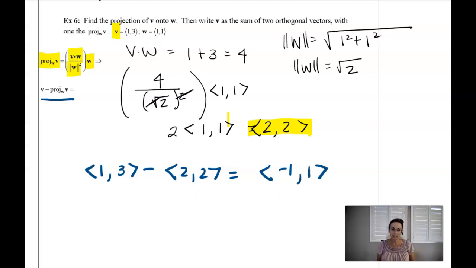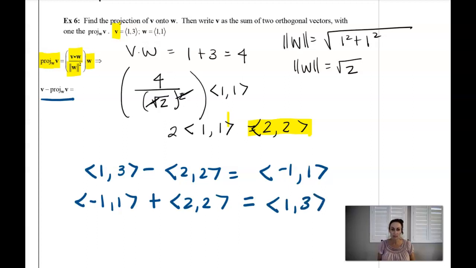So negative 1, 1 plus the projection vector 2, 2 should equal vector V, which is 1, 3. So let's check. Negative 1 plus 2 is 1, and 1 plus 2 is 3. And so here I just wrote vector V as the sum of 2 orthogonal vectors.